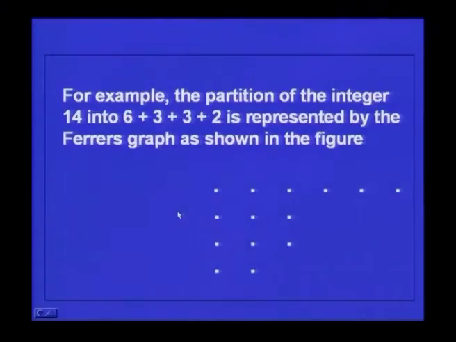So, if you interchange this and look at it in a slightly different way, you can see that the number of partitions of a number in which the maximum part is 6 is equivalent to the number of partitions where the number is split into 6 parts, because you have to just interchange the rows and columns. So, some interesting properties can be derived from this Ferrers graph.